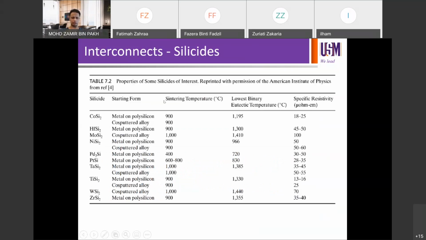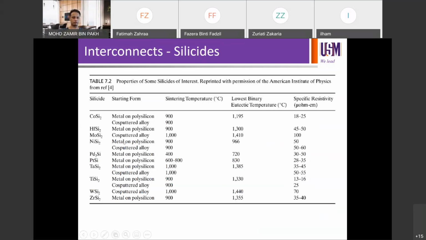Properties of silicides of interest: we have a range of different silicides from noble and refractory metals. We have cobalt, hafnium, molybdenum, nickel, palladium, platinum, tantalum, titanium, zirconium, tungsten, all silicides.